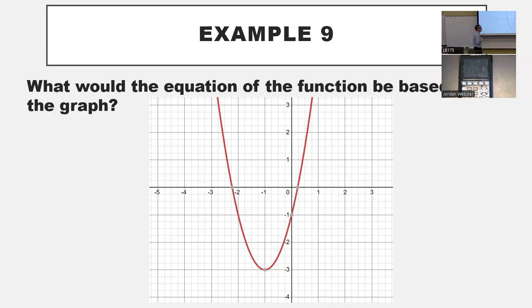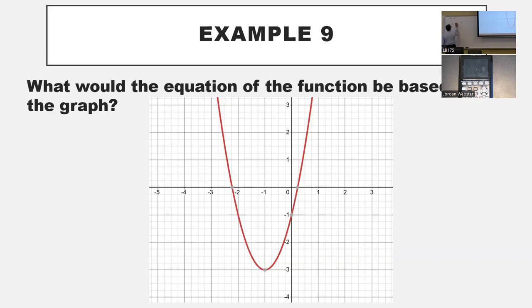So that indicates that there's a vertical stretch by a factor of 2, because instead of going over 1, up 1, we went over 1, up 2. That average rate of change from our vertex to 1 unit to the right is now 2 rather than 1. So there we go.